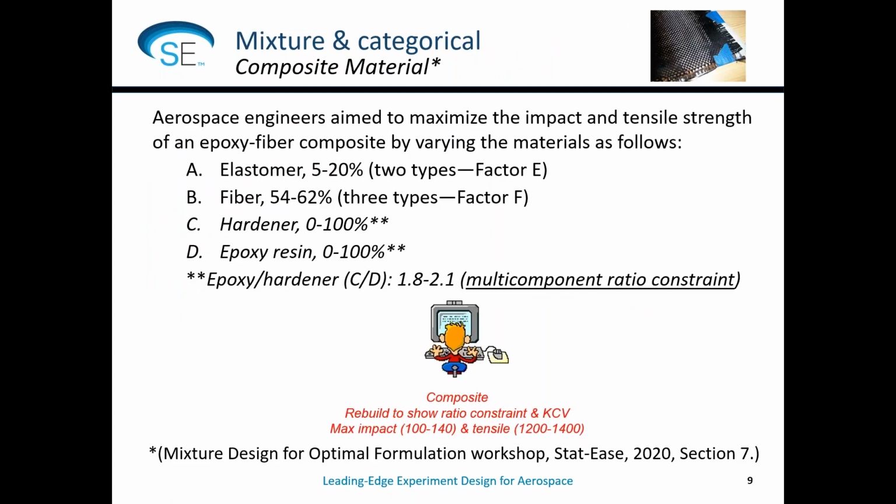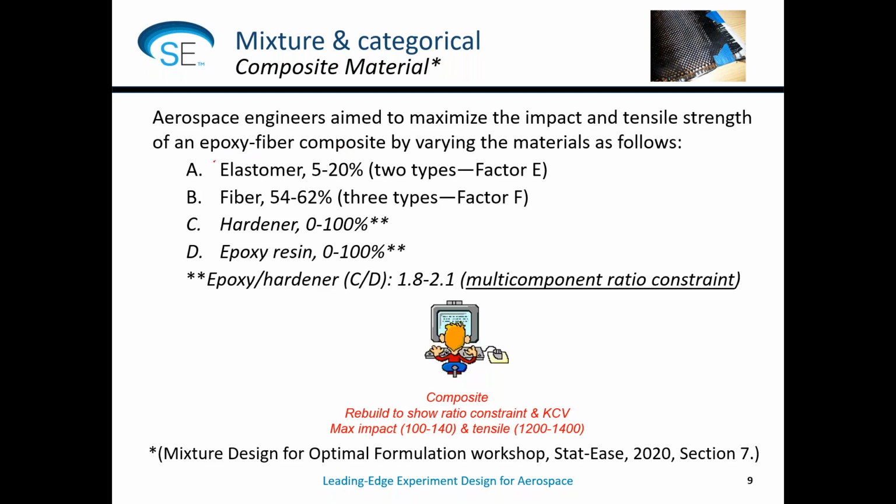Okay, then last but not least, I have one more that involves mixture design, which is very important. For example, the people making composite materials or any type of plastics, metallurgists, chemists, are going to be using mixture design to optimize their formulation.